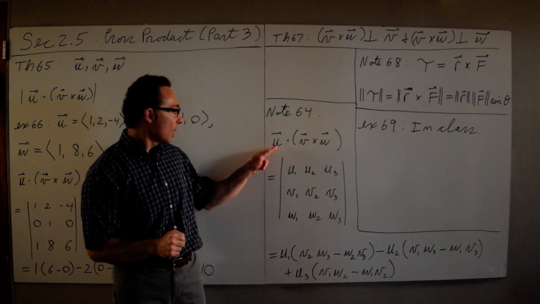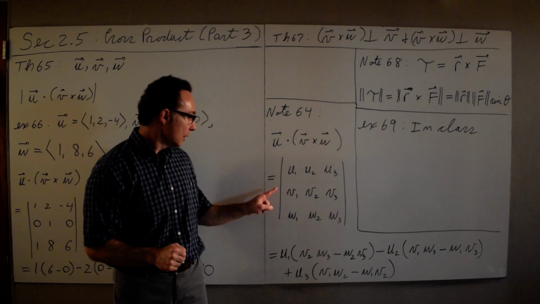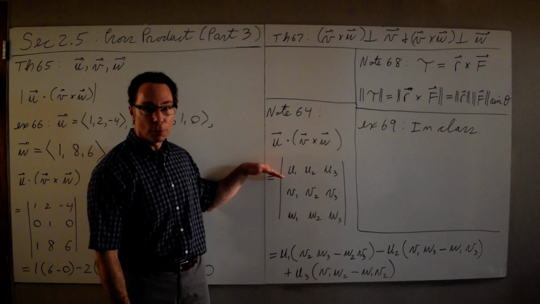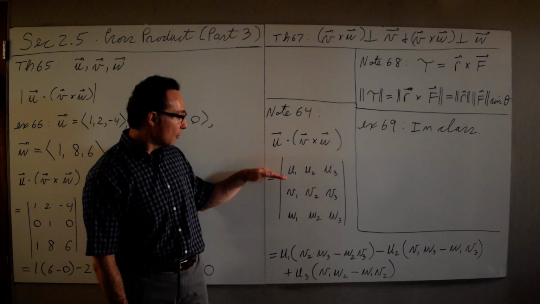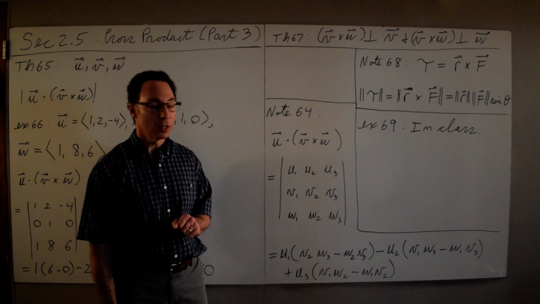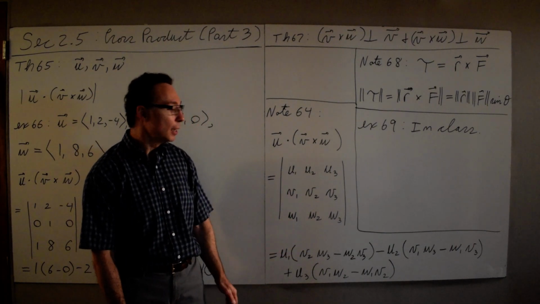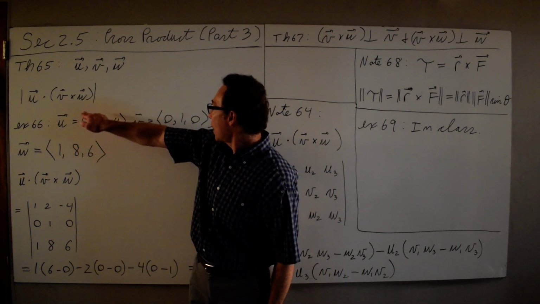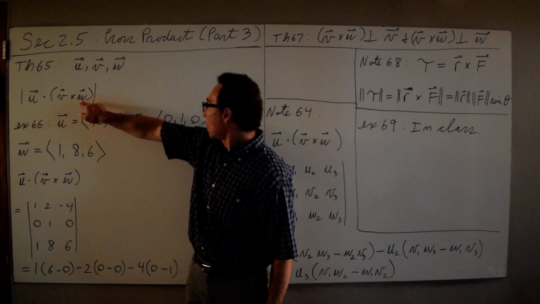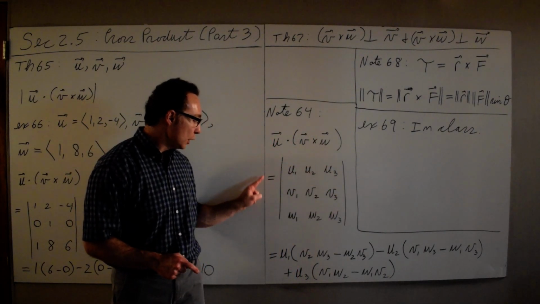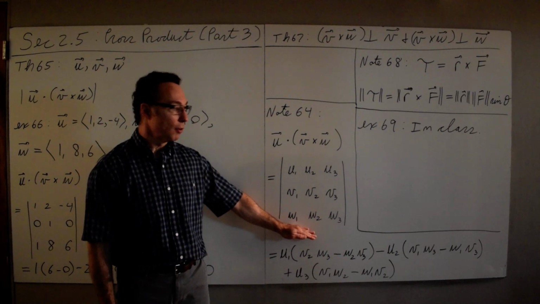And we have a formula for this. This calculation is the determinant of the matrix where we take the components from our vectors and make these the rows of our matrix. So this calculation is this determinant, and we take the absolute value of this number, that is our volume. Now this is notation for a determinant, and it might be positive or negative.